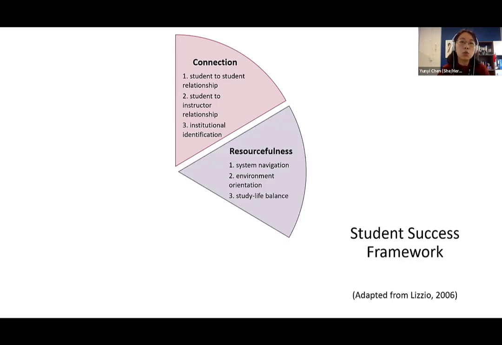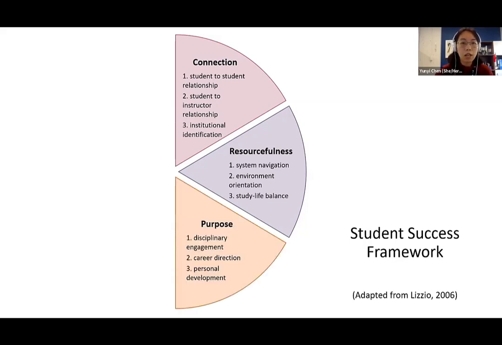Secondly, a sense of resourcefulness helps students understand university policies and procedures, orient physical or online learning environments, and also manage commitments to study and to the many other aspects of life. Thirdly, students need to develop a sense of purpose, whereby they understand the rationale and structure of the curriculum.